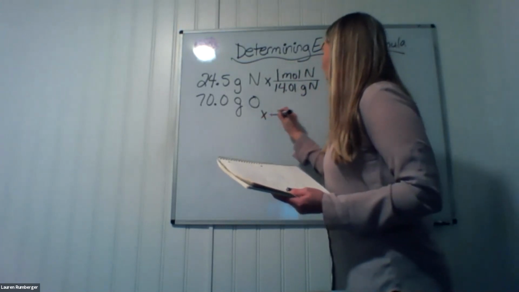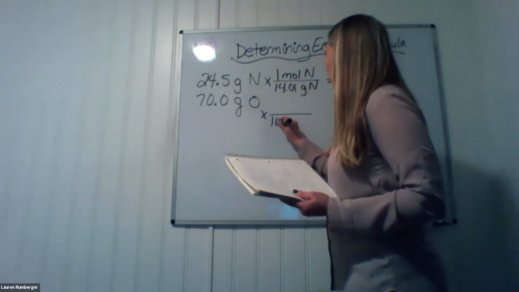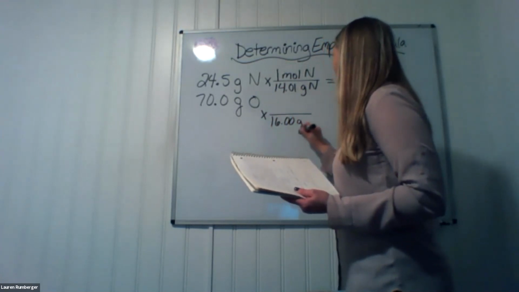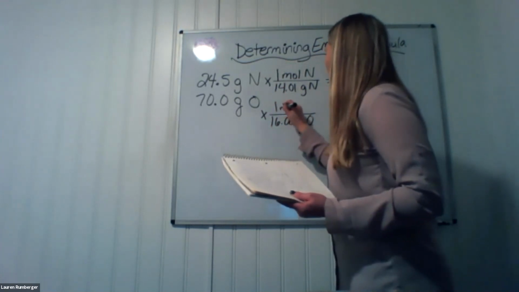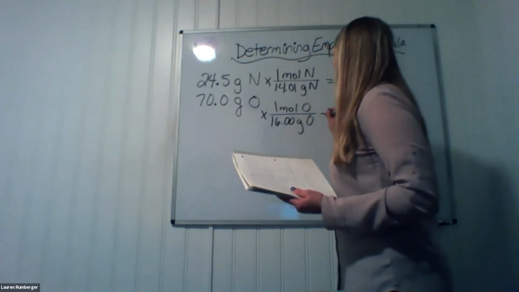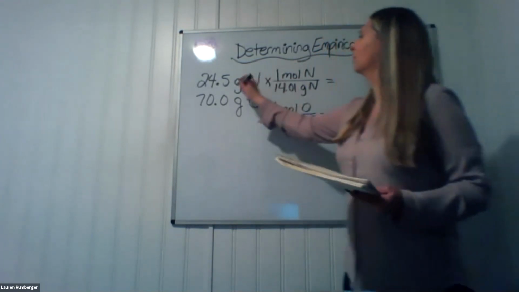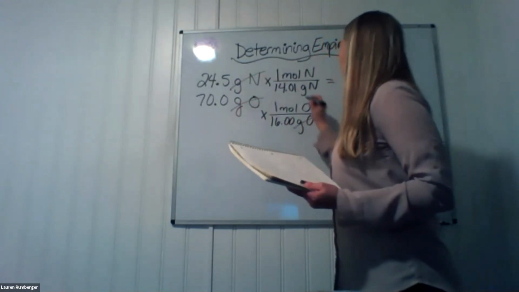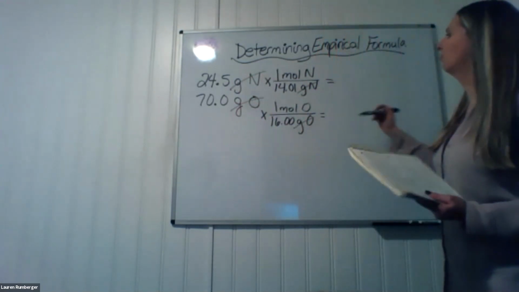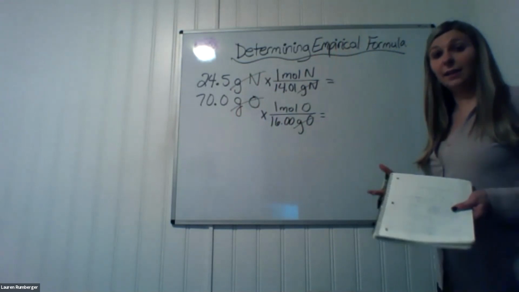And then we're going to do the same for the oxygen, 16.00 grams of oxygen per 1 mole of oxygen. Okay, cancel your units. And now we're going to solve for the moles of each element.